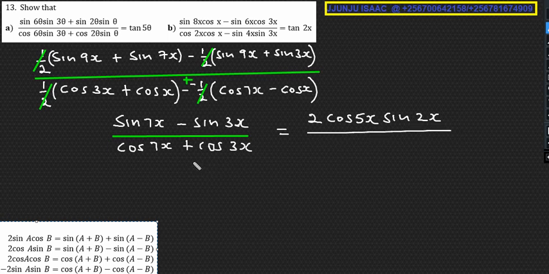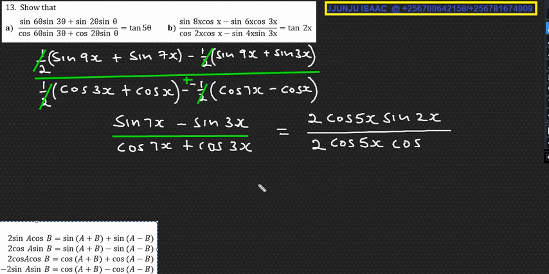Down, we're going to have cos plus a cos. That gives us a 2, then cos. So this is 2 cos, but we first add them and divide by 2, which is 5x.